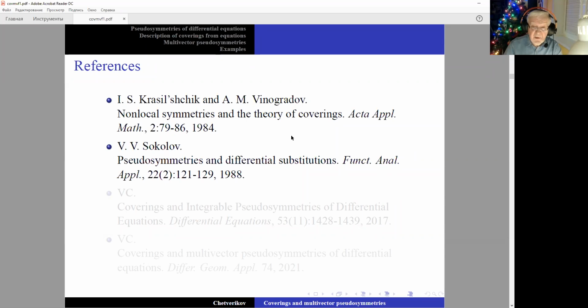Covariance from evolution equation with one special variable were considered by Sokolov. He introduced the notion of pseudosymmetries.